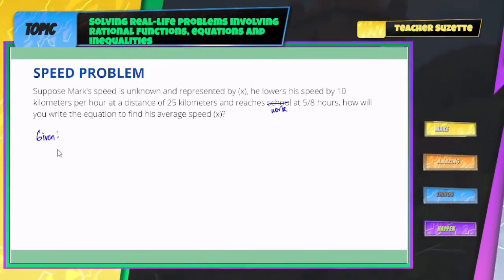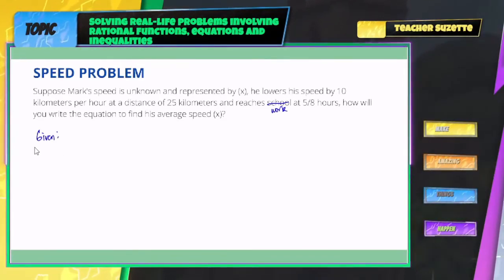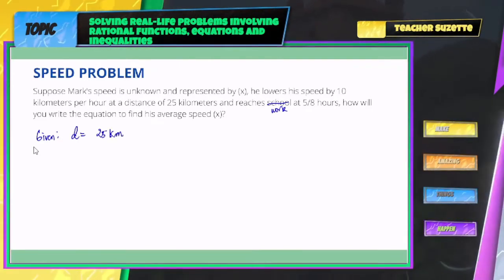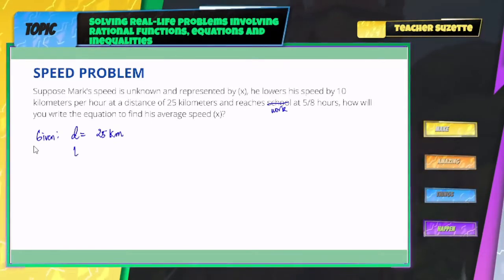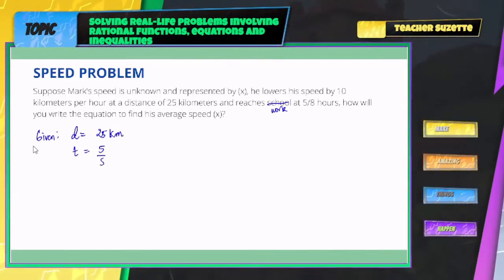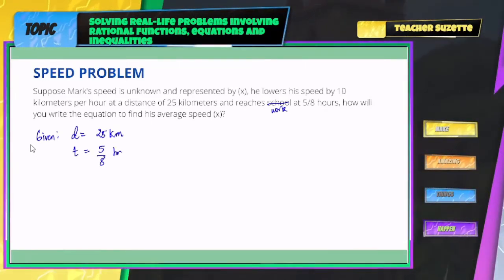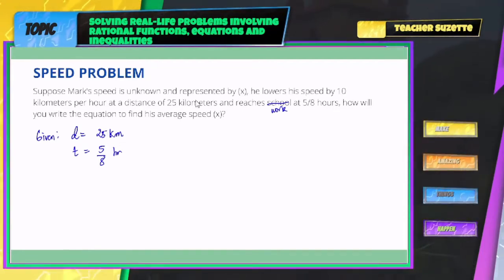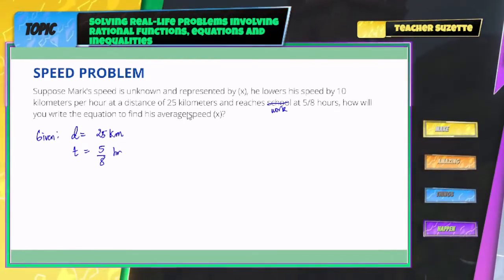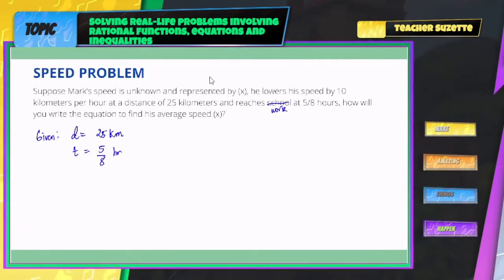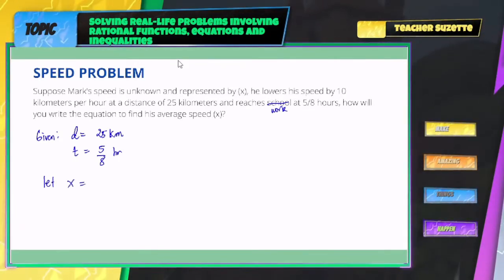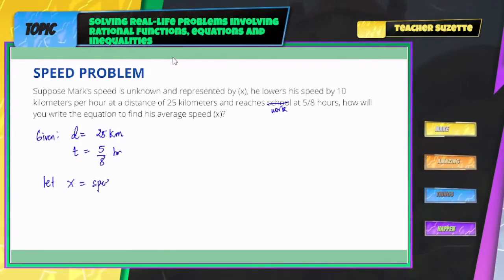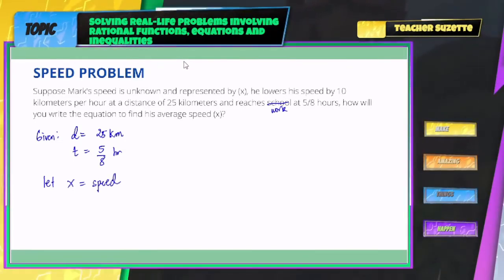Let's first identify yung mga known and unknown sa ating problem. For our known or our given, we have the distance, which is equal to 25 kilometers, and we have our time, which is equal to 5 over 8 hours. So, we are going to represent our speed, which is our unknown. We will let x be equal to our speed. Ayan.